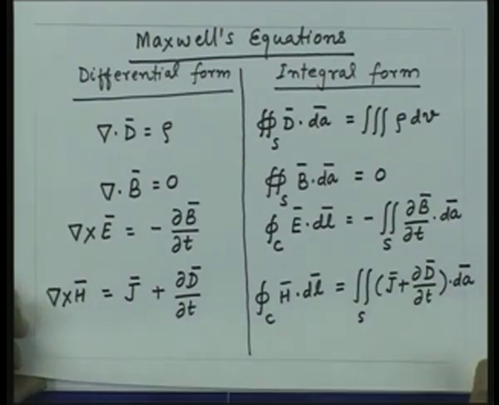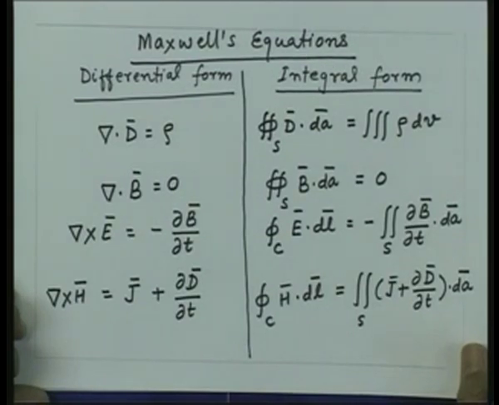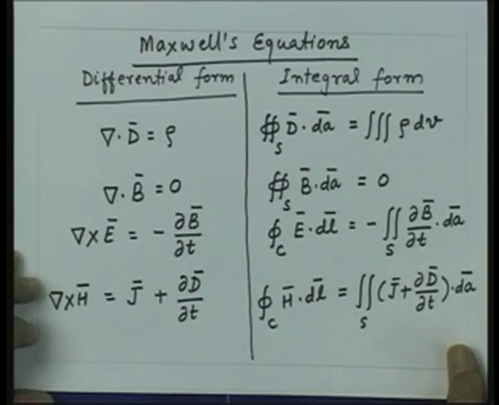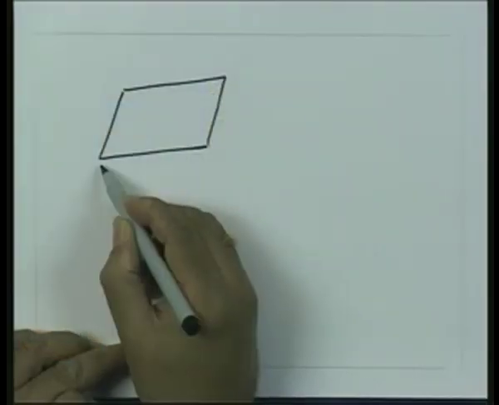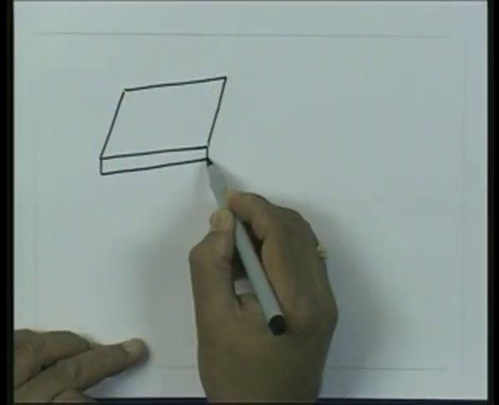However, before we go into the boundary conditions, let us introduce the concept of surface current and surface charges. The idea is as follows. Let us say I have a surface which has a thickness, let us say, d.